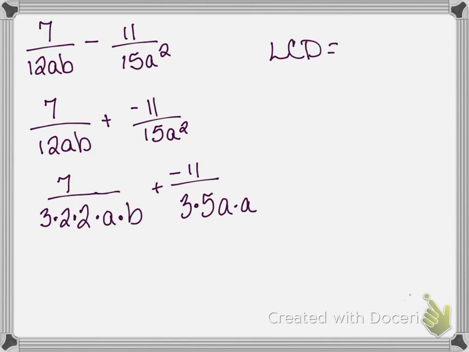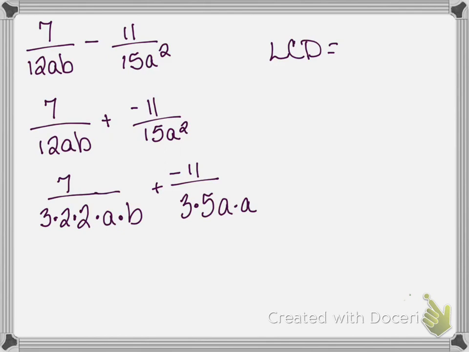The opposite is true with LCD. With a least common denominator, you are looking for your highest exponent. Your highest exponent has to be in your LCD. So on this one right here, I have an A and I have an A squared. What has to be part of my LCD? A squared. Yes. A squared has to be part of my LCD. Okay?